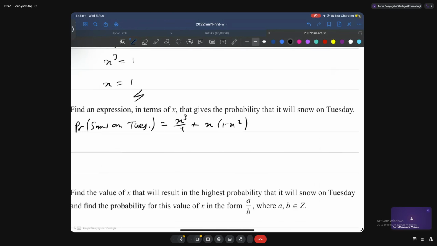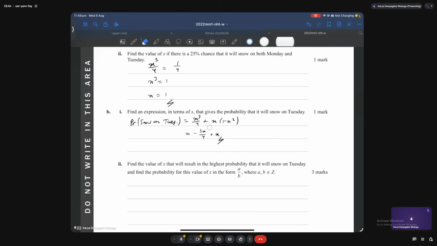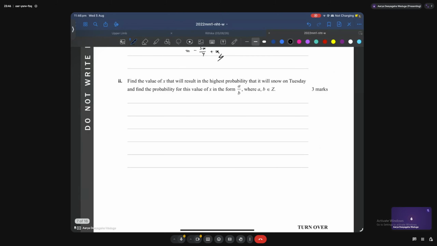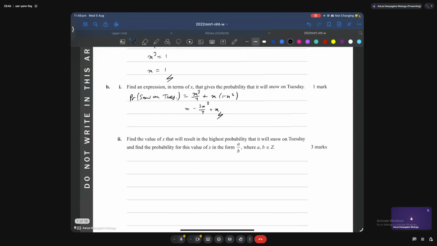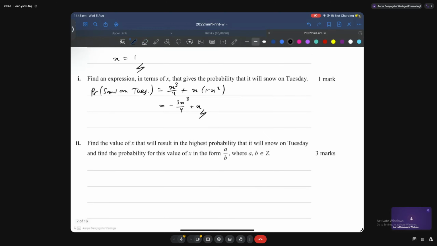And just to quickly simplify this, this is going to be negative 3x squared on 4 plus x, essentially. That's not squared, that's cubed. Yep, that's good. And the value of x that will result in the highest probability that it will snow on Tuesday. Okay, so this is an expression for it.